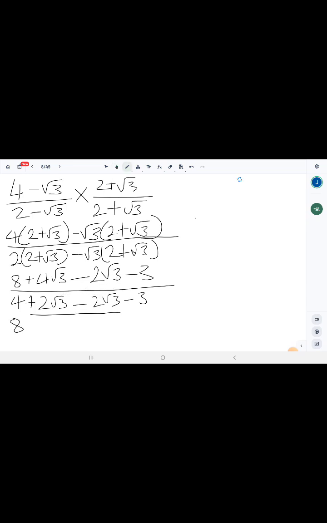I will say 8 minus 3, plus, I'll say 4, this should be in bracket, minus 2 close bracket, and I'll write root 3. What I just did is that this 4 I wrote it here, minus this 2 I wrote it here, and I wrote the square root that's common between both of them, root 3 here.